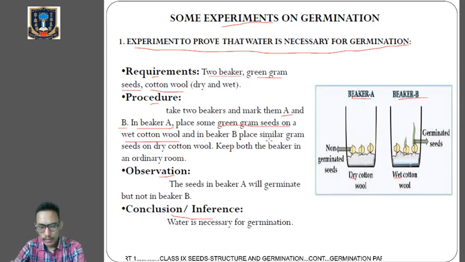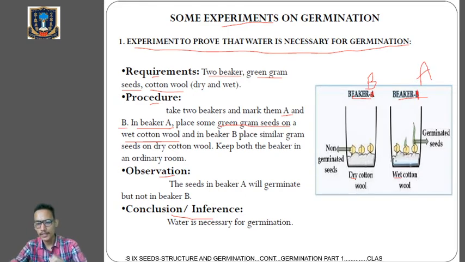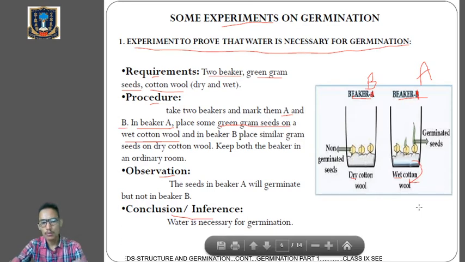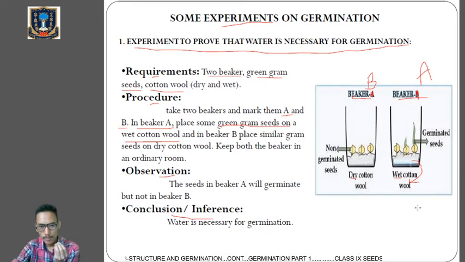Okay, over here I'll do the correction. So this will be our beaker number B, and this will be our beaker number A. Okay, so in beaker number A, we are taking the wet cotton wool that contains moisture, water, then we are putting the gram seeds. You can see over here, these are the gram seeds.